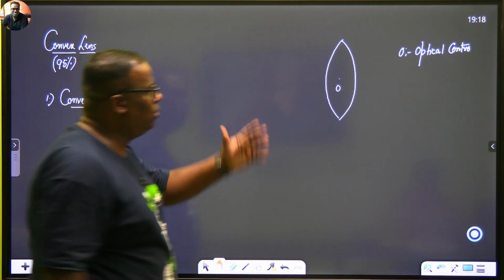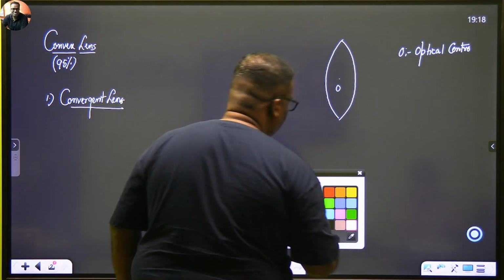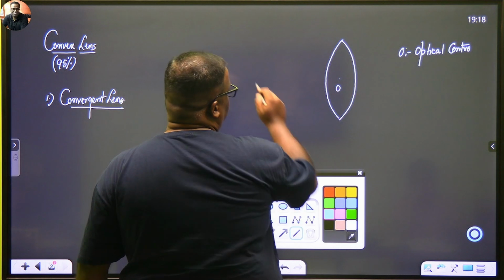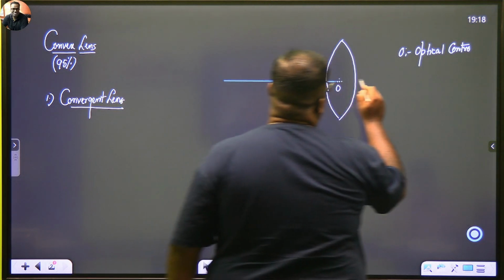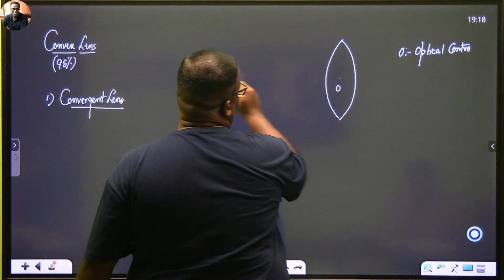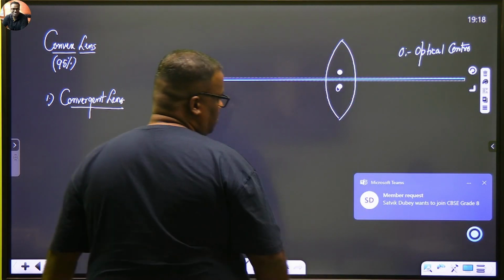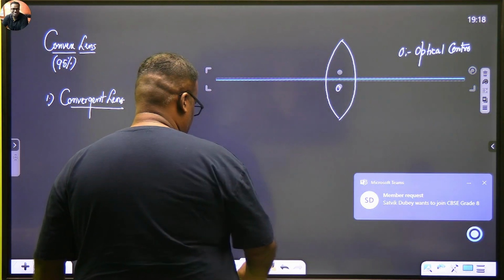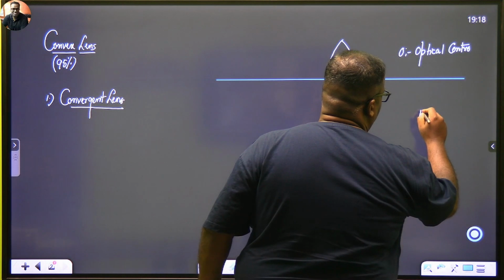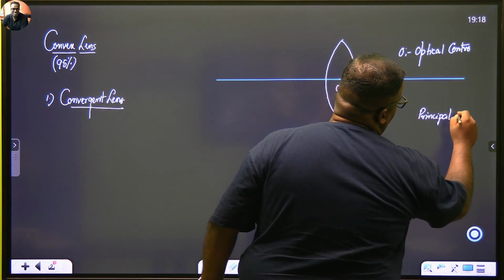So there is something called the optical center. And then we have an imaginary line that passes through this optical center. This imaginary line is known as the principal axis.